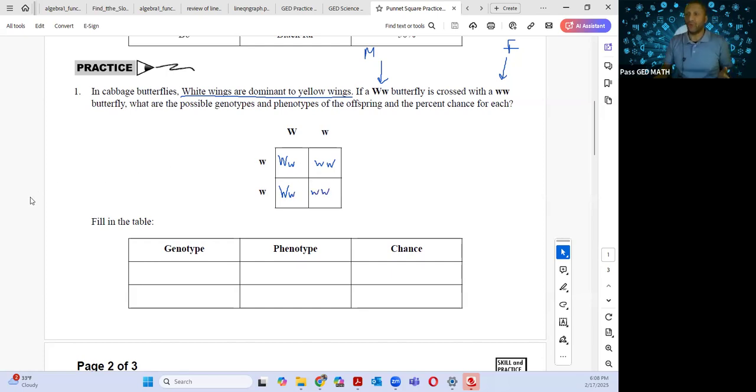The first thing you notice is that these two have capital letters, so they have dominant genes. Dominant genes means you have white wings. That would be the characteristic. This would be white wings because the dominant gene takes over. And then these are yellow.